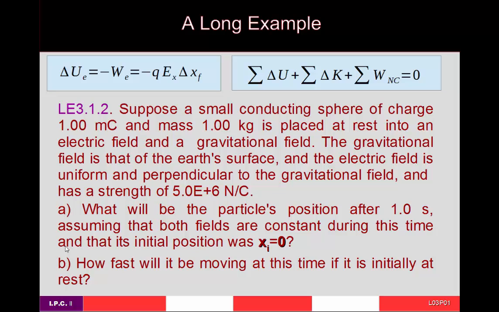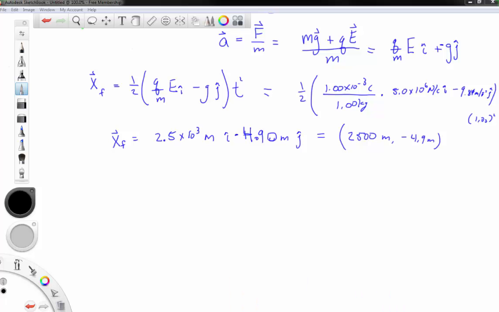Okay, so we've solved part A of the question. So we've just answered part A. Part B: how fast will it be moving at this time if it's initially at rest? We could actually use forces to get the answer to this, or we can use conservation of energy. Since these are supposed to be energy questions, I'm going to use conservation of energy to solve it.